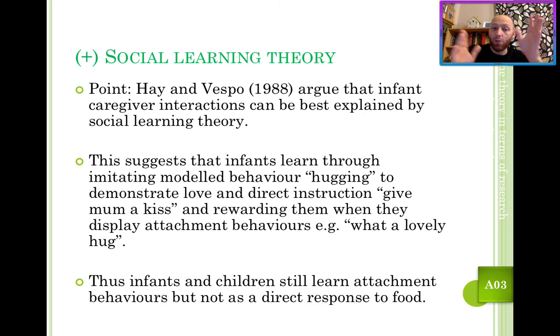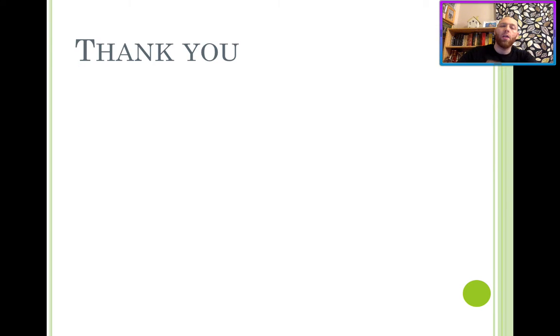They also respond to direct instructions, like come and give dad a hug. And they're observing their brothers and sisters and their mother and father and how they all interact. They're rewarded for it, and they see vicarious reinforcement. So Hay and Vespo may have a point when it comes to social learning theory being involved.